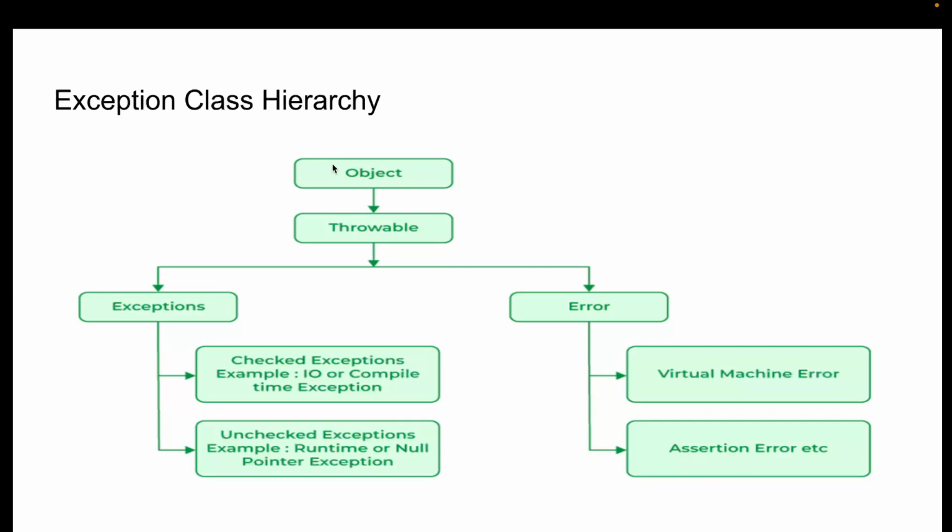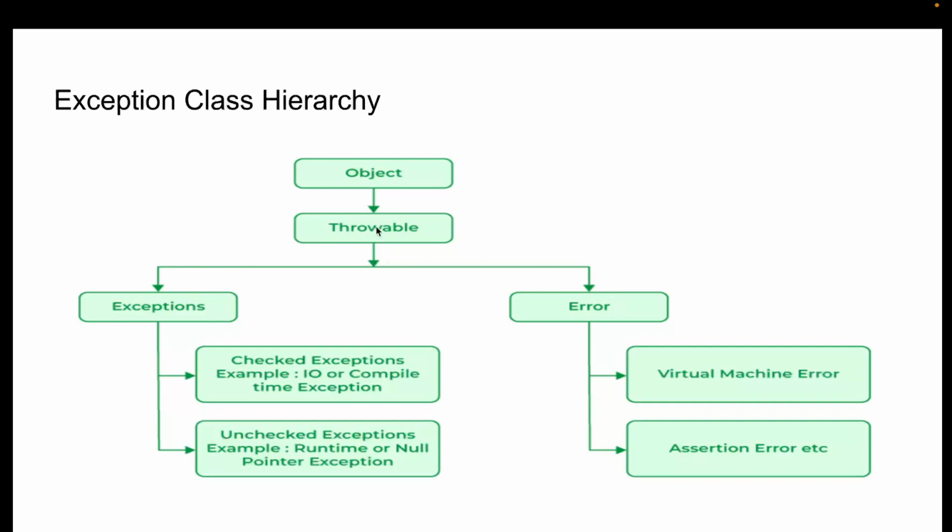And then we have something called Throwable. There is another class which is Throwable, and this Throwable class contains two child classes, and those child classes are Exceptions and Error.